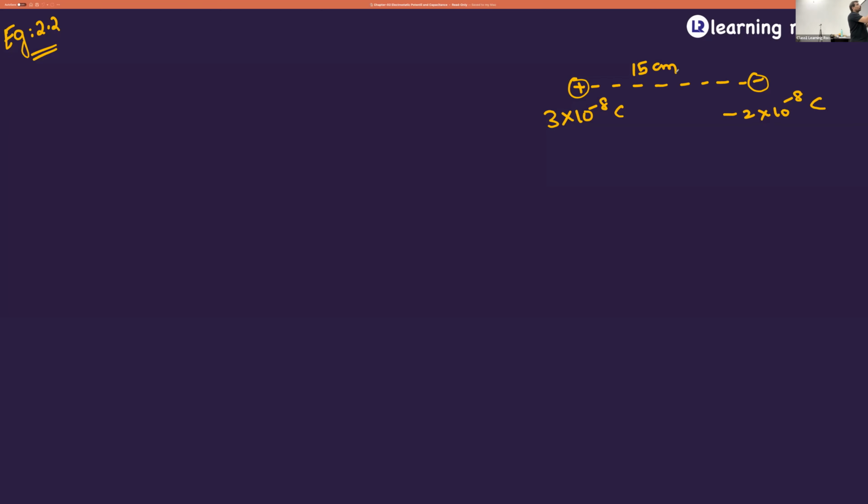So what I'm going to do is take a point here. If I take this as A, what is going to be the potential at point A? It will be the potential due to the first charge plus the potential due to the second charge.